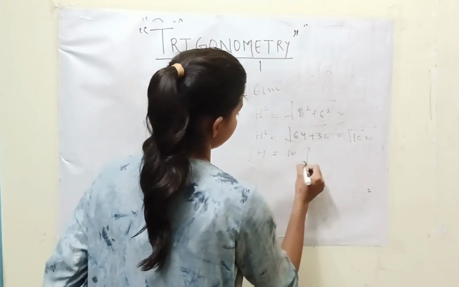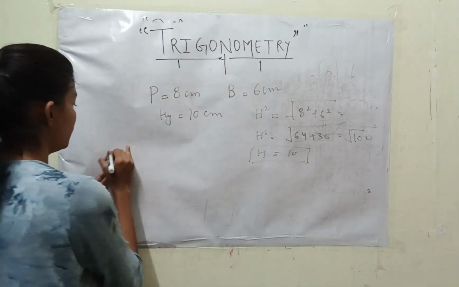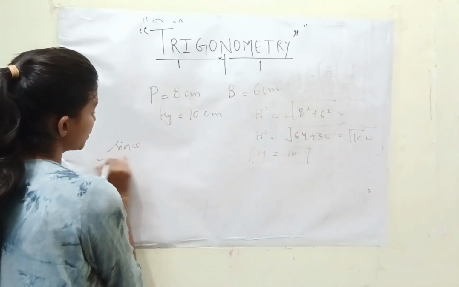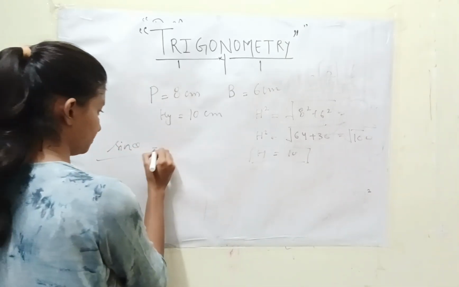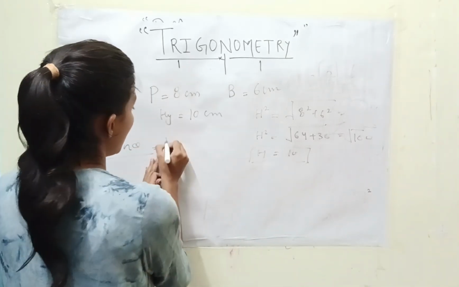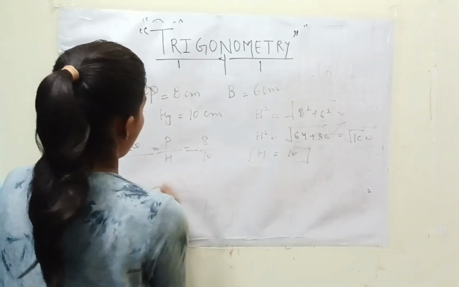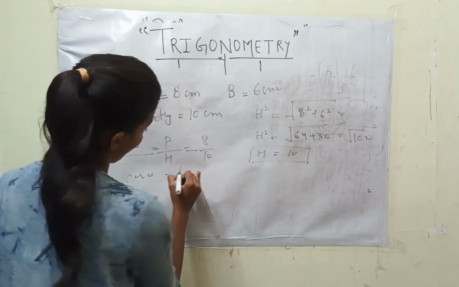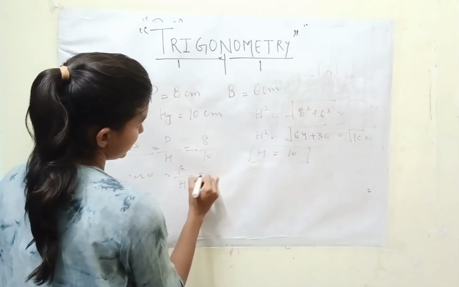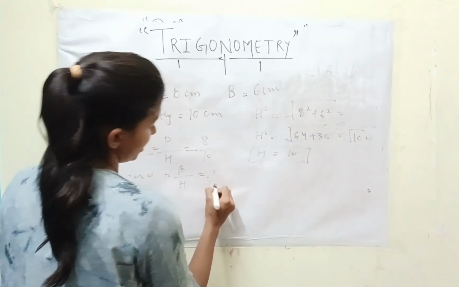Hypotenuse is 10. Now we can define each and every trigonometric ratio. Sin theta is perpendicular upon hypotenuse, which means 8 by 10. Cos theta is base upon hypotenuse, which means 6 upon 10, and so on.